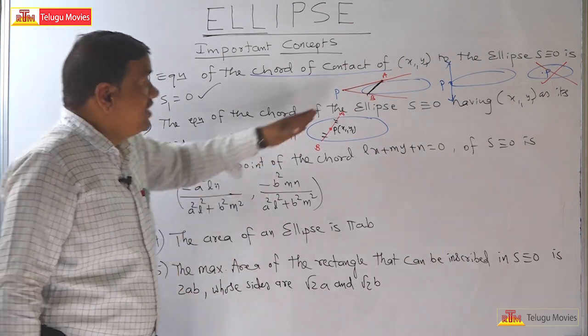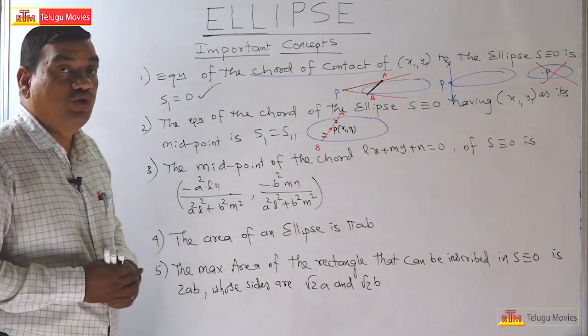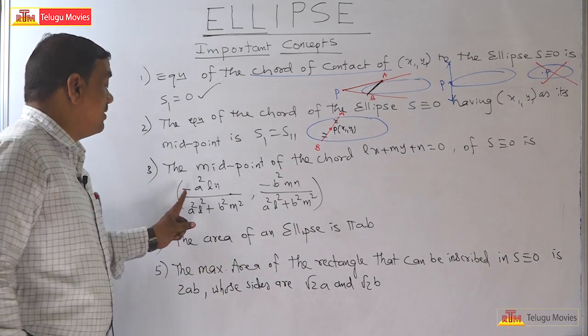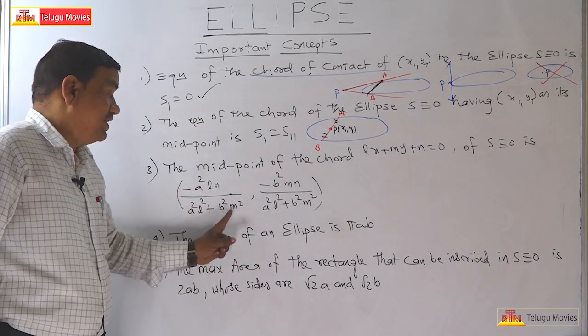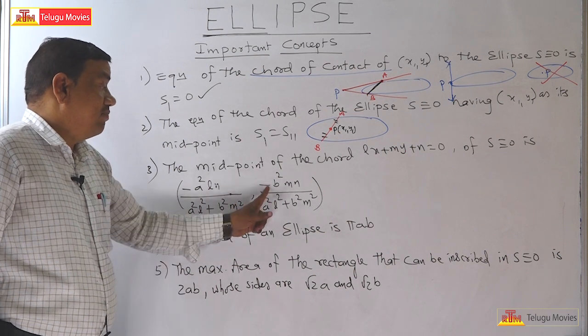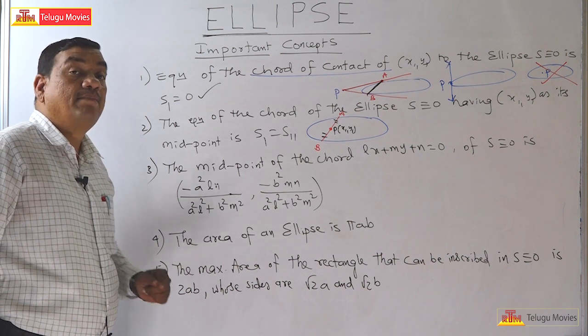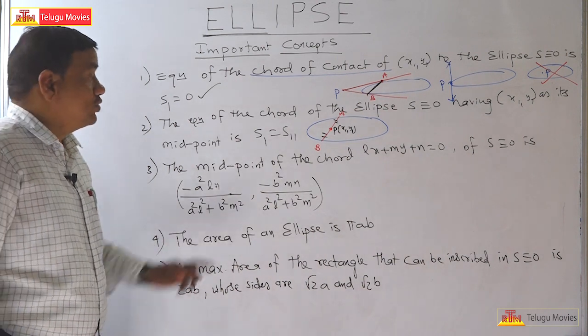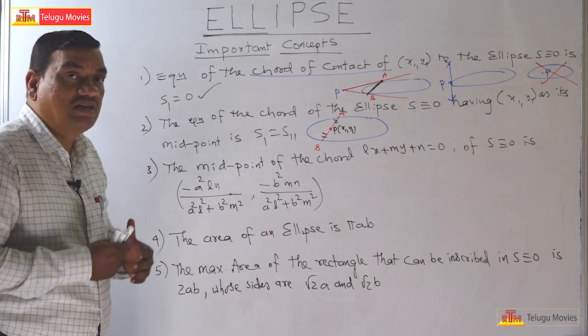If the equation of the chord is given, that is Lx plus My plus N is equal to 0, of the ellipse S is equal to 0, then its midpoint is (minus A square Ln by A square L square plus B square M square, comma, minus B square Mn by A square L square plus B square M square). Understand? So these two are opposite, vice versa concepts.